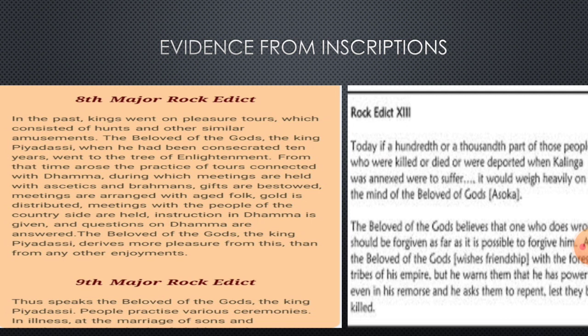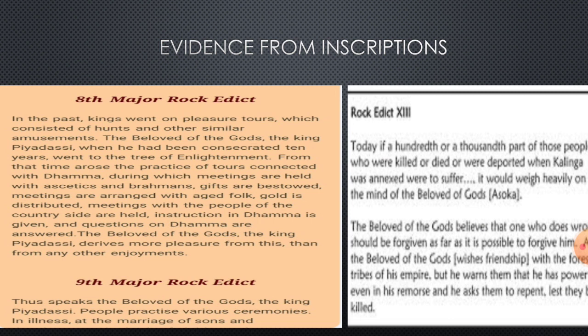Even though the scripts were discovered, how did the historians understand the inscriptions? For this, the epigraphists, these are those people who study the inscriptions, and the historians worked together. They compared various inscriptions. In some of them, the name Ashok was not mentioned.